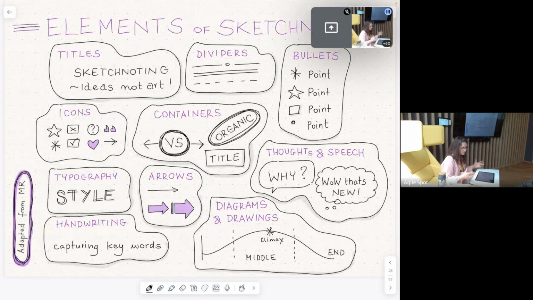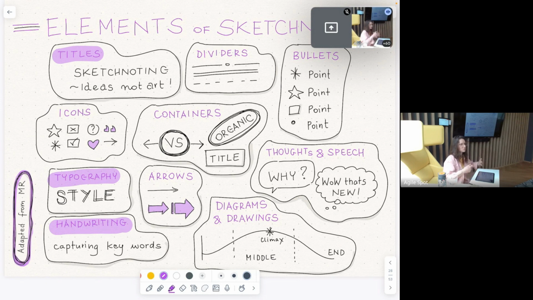And to summarize all the elements that can happen in sketchnotes, I wish I had a laser pointer, but I'm going to use this. We can have titles, so that's words, and a typography style with double lines, and of course handwriting to capture the content that you want to see.